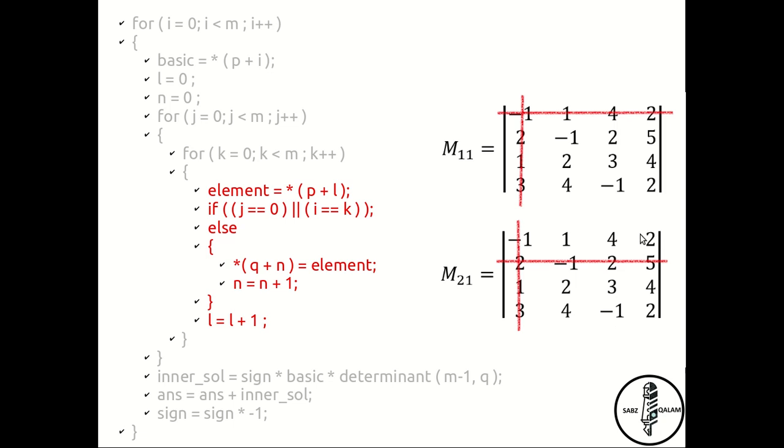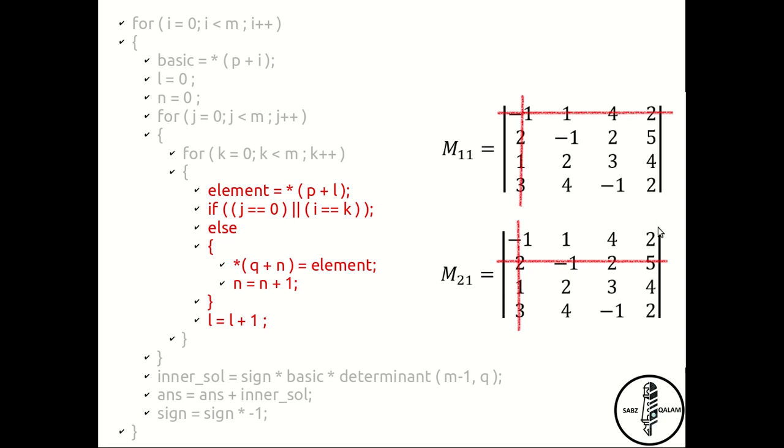And by including J equal to 0, you're already discarding this row. And by ensuring I is equal to K, you're discarding this column, right? Because J corresponds to the rows and K corresponds to the columns. So whenever it's corresponding to the same column, you disregard this and you're left with the inner matrix here, right?